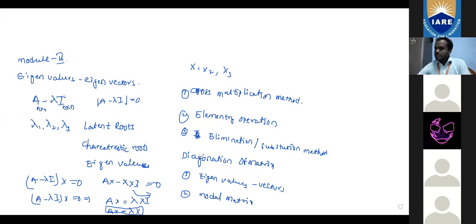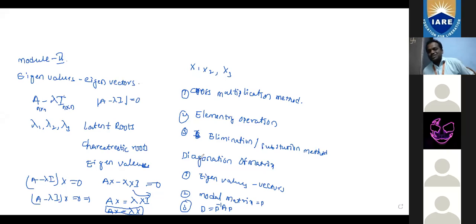So in this manner we will be using it. Next, the third one is the modal matrix, and then we write capital D is equal to P inverse A P. You find the P matrix, the modal matrix, denoted by capital P.